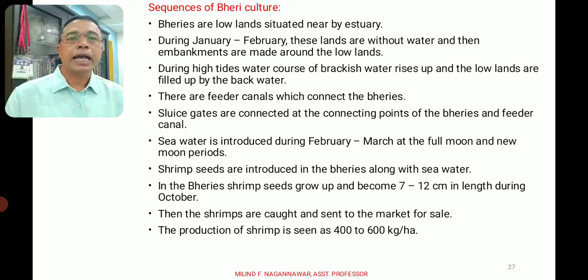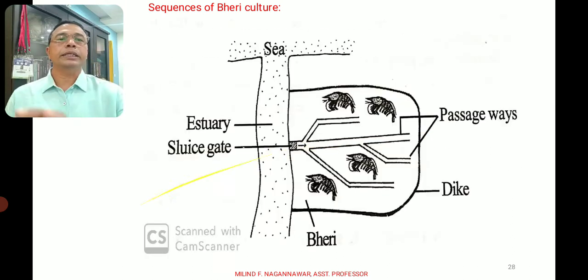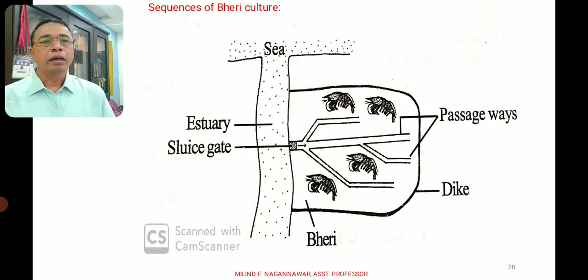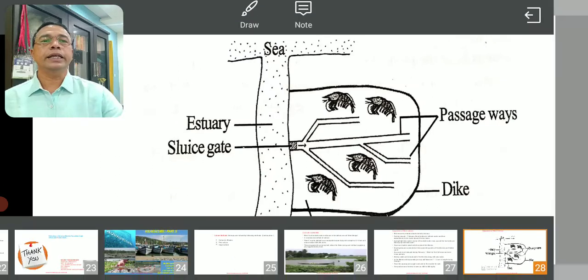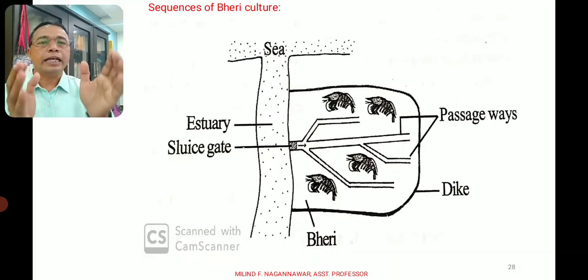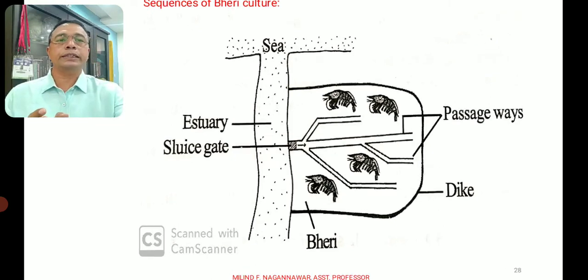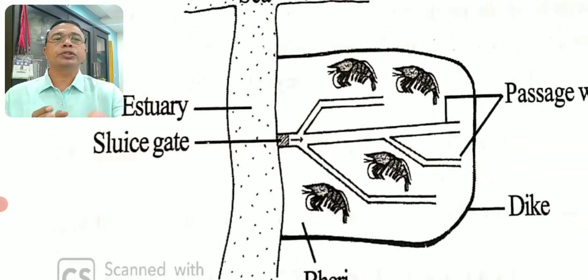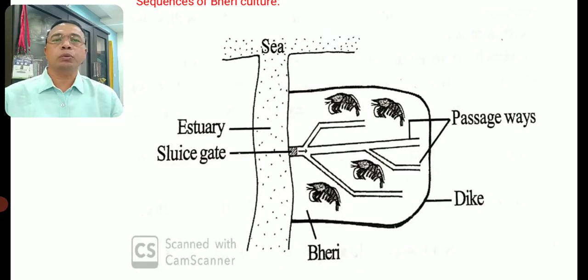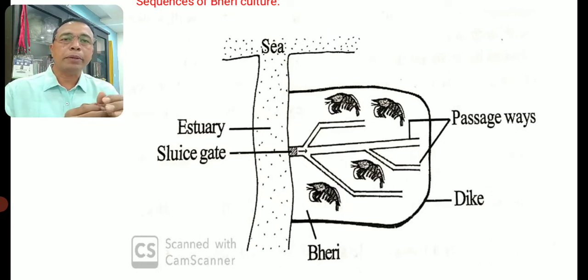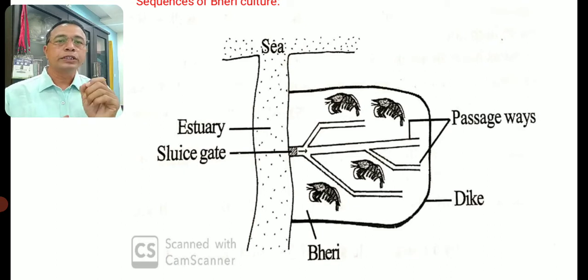So, in the berries here, you will see that at the estuaries there is a sluice gate. This sluice gate helps in the entry of water, and the exit of the water is completely controlled with the help of this sluice gate.